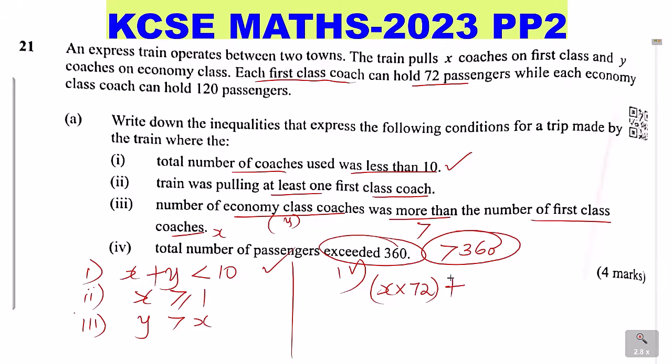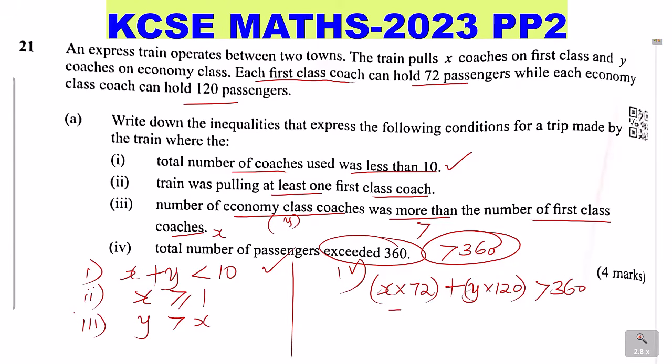What about economy class? The economy class, we have Y coaches, and each coach can hold 120 passengers. So all the passengers in the economy class coach will be represented by Y times 120, and that sum. Now these are all the passengers, both for first class coaches and economy class coaches. That one should be greater than 360, should exceed, that is greater than 360.